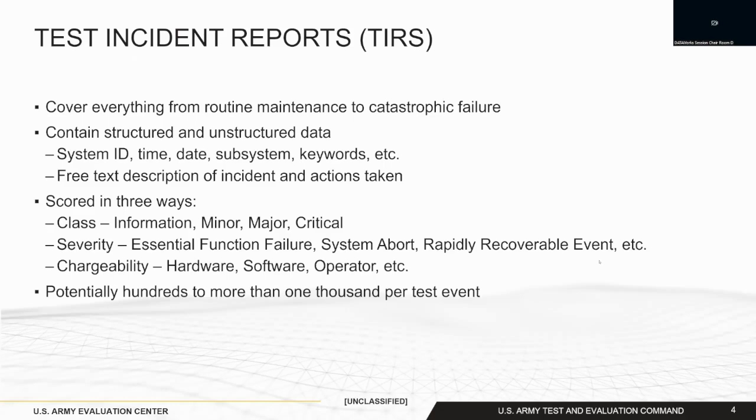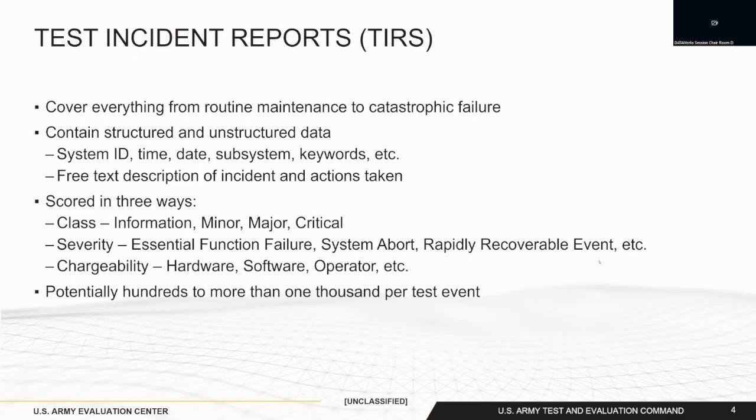There are also unstructured fields, and especially the key one is a free text description of the incident. So typically these can be very detailed to the point of at 09:30:17 test player XYZ flipped this switch on and then off again. At 2 minutes later, this person did this, and this was the result. So they can be very detailed and very intricate.